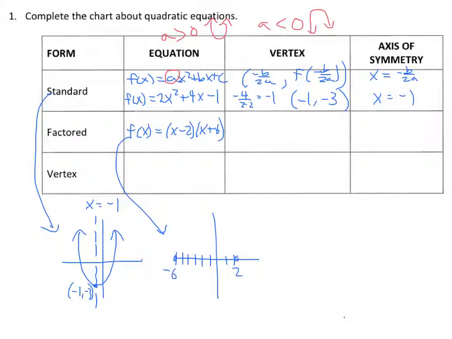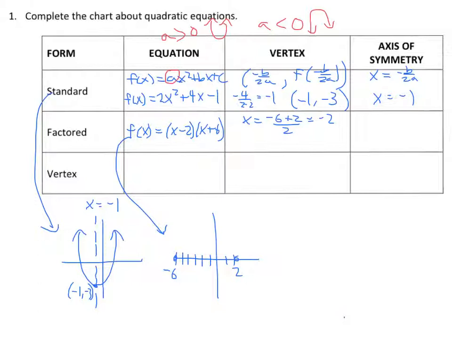The vertex is going to be right in the middle of the two x-intercepts, so I could actually find the average of the x-intercepts. In this example, the x-coordinate would be negative 6 plus 2 divided by 2, or the average of those two x-intercepts, which would be negative 2.